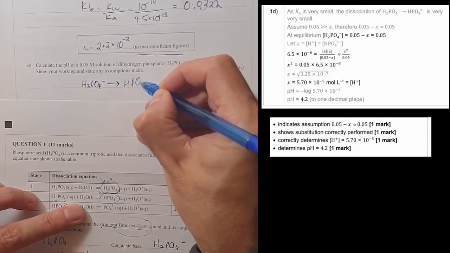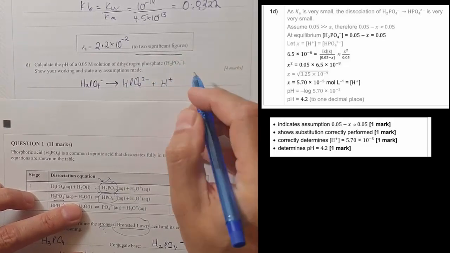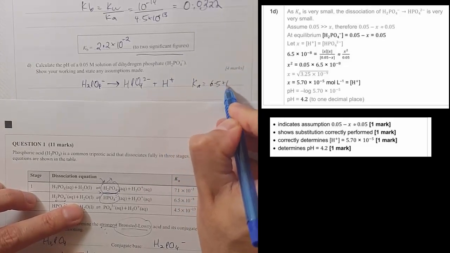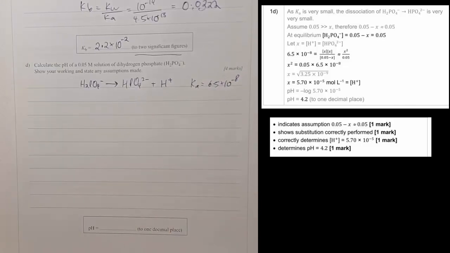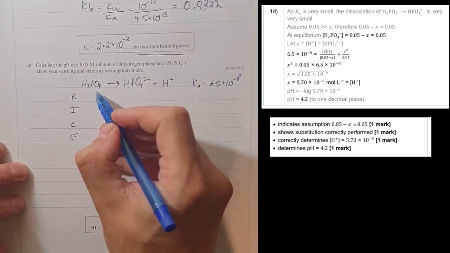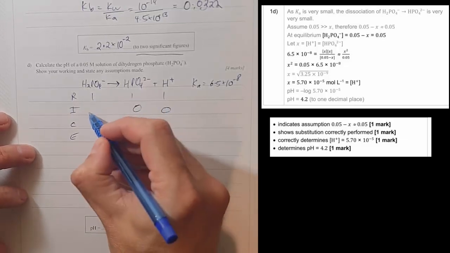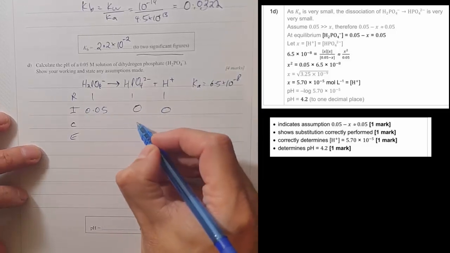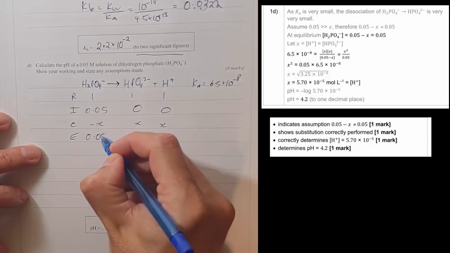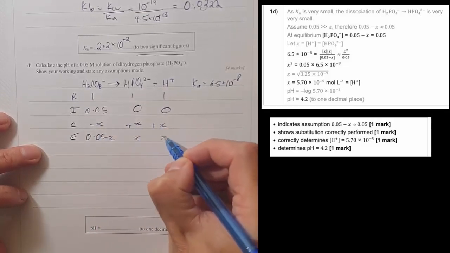So there's HPO4 2 minus, plus H plus, and the Ka for that is 6.5 by 10 to the minus 8. Okay, it's just easier to do a RICE table so you know what's going on here. The reaction is 1 to 1 to 1. You've got 0.05. You're going to lose a certain amount, so that's 0.05 minus x. And you've got x and x.